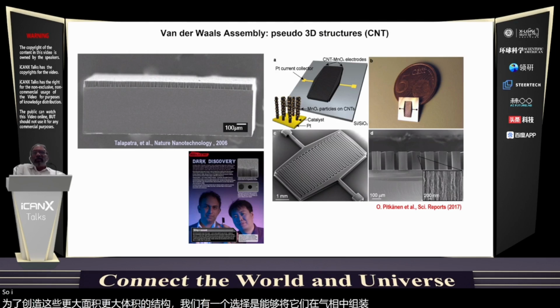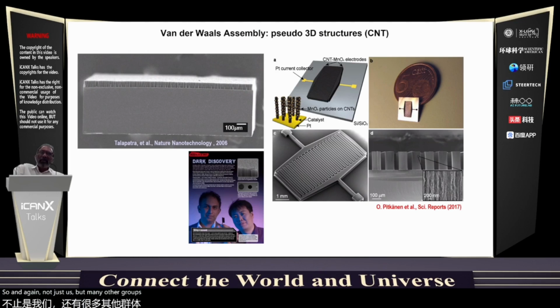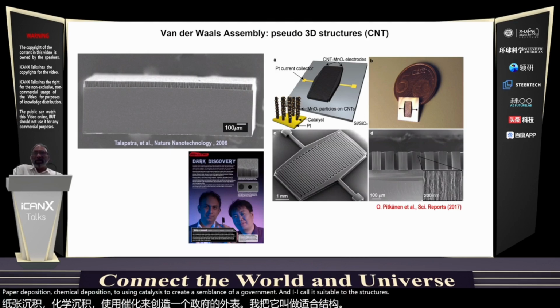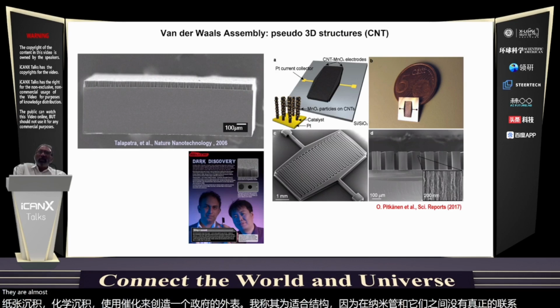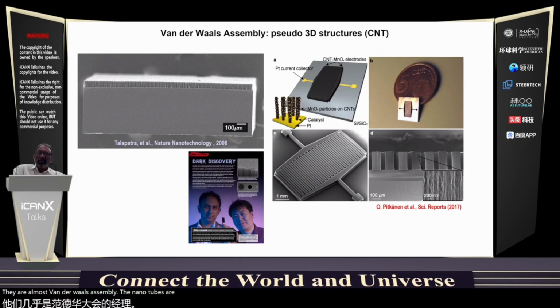And again, not just us, but many other groups have over the years done a lot of work in chemical vapor deposition using catalysts to create assemblies of carbon nanotubes. I call them pseudo 3D structures because there are no real interconnections between the nanotubes, and they are almost a van der Waals assembly. The nanotubes are simply aligned with respect to each other, and they don't have real three-dimensional interconnections.